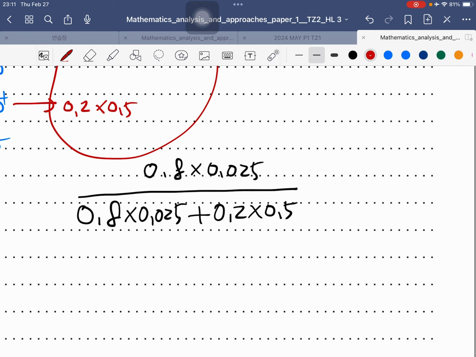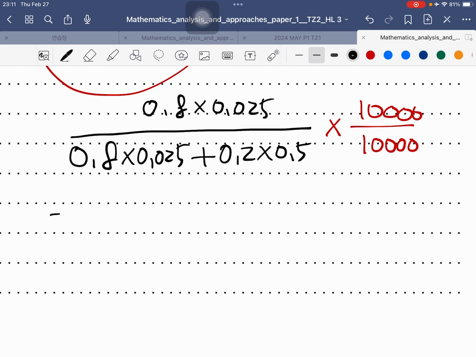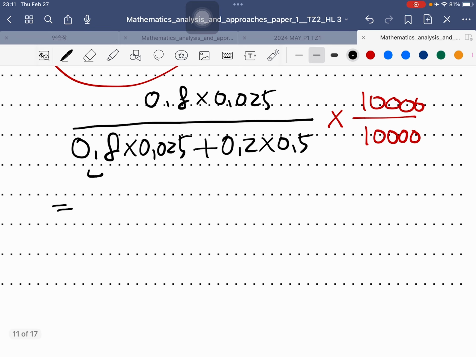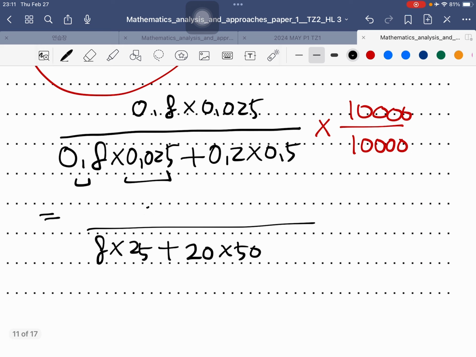Multiplying by 10,000 on the numerator and denominator will give us, we can use 10 over here, we can use 1000 over here, so 8 times 25, and this becomes 20 times 50 plus 8 times 25.